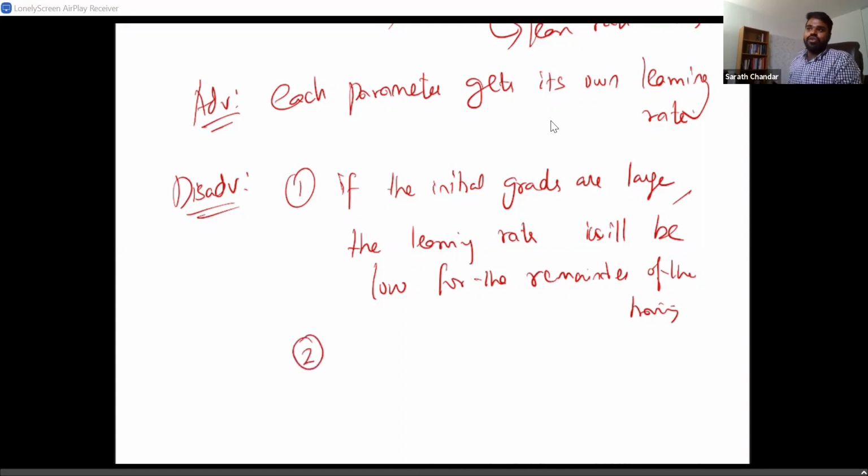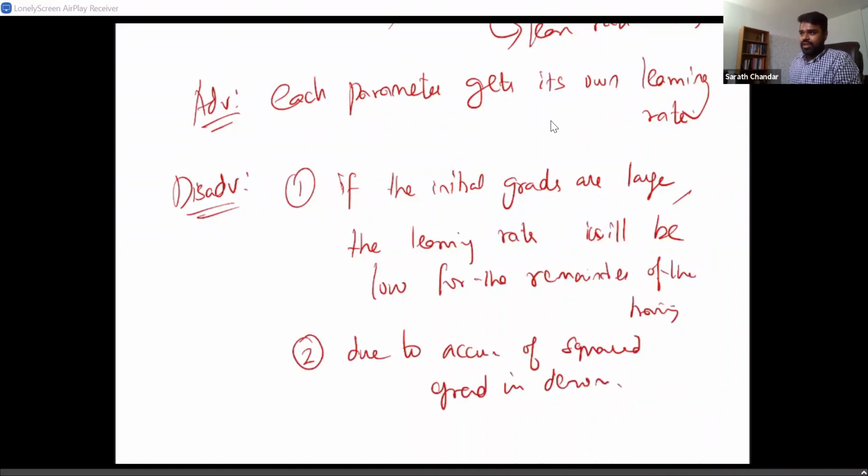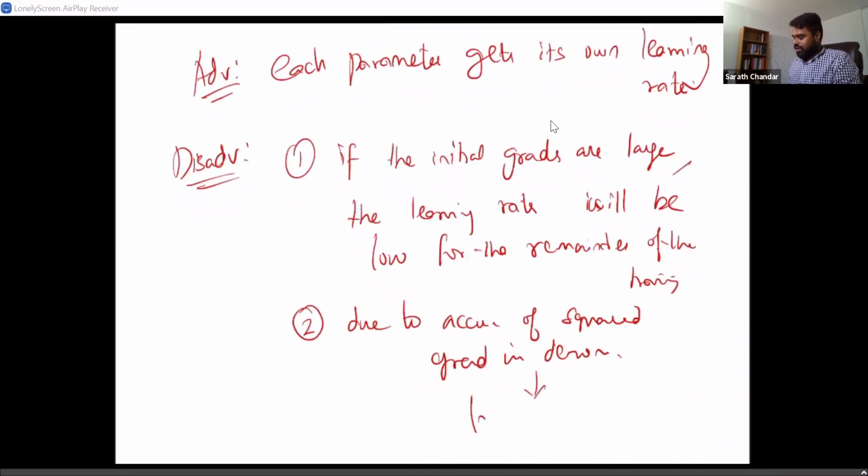Even if you do some slow learning, due to accumulation of squared gradients in the denominator, the learning rate will eventually reach 0 and stop training.